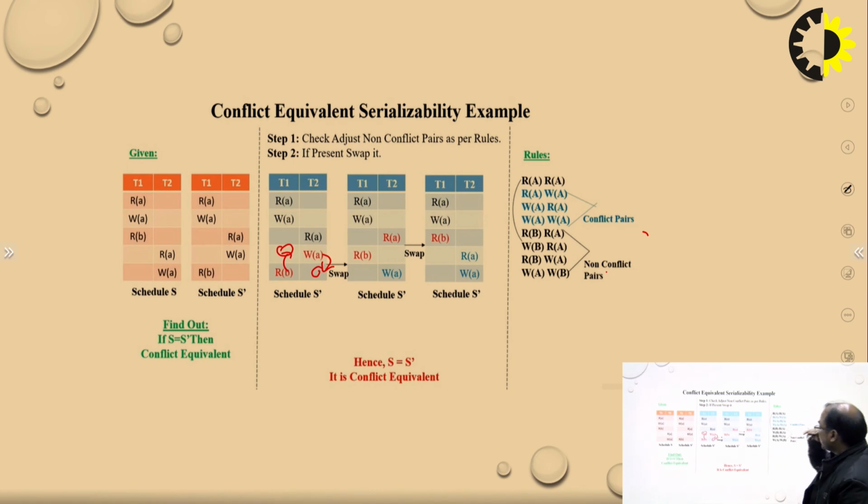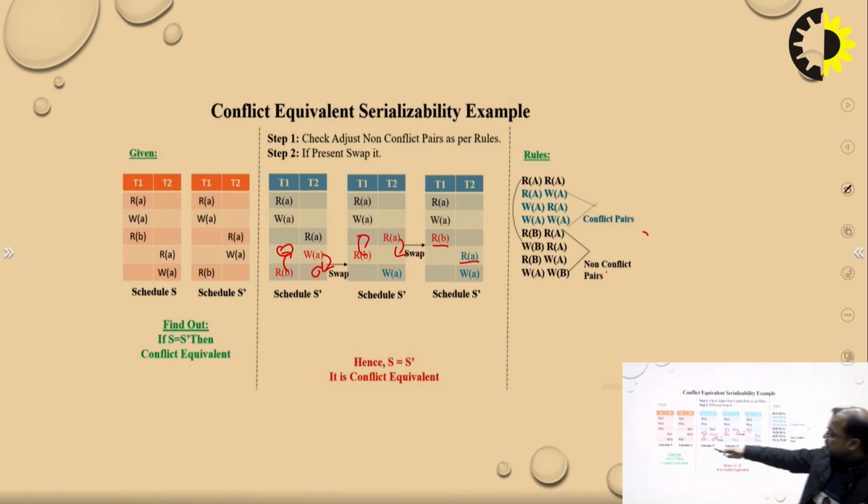Again, another pair is here, and we move this upward and this downward, and we have this transaction over there.